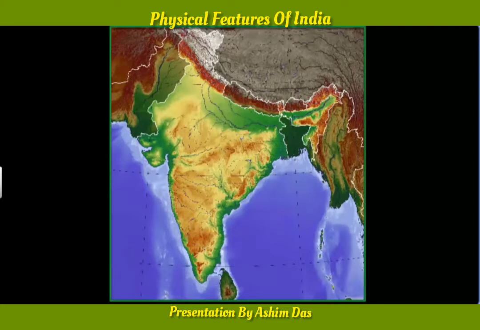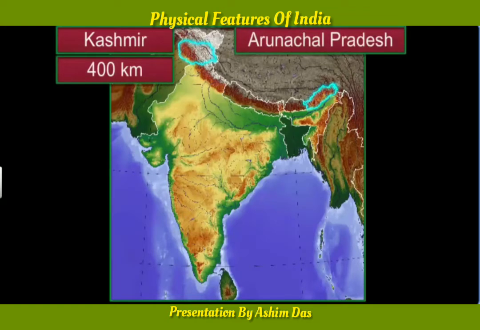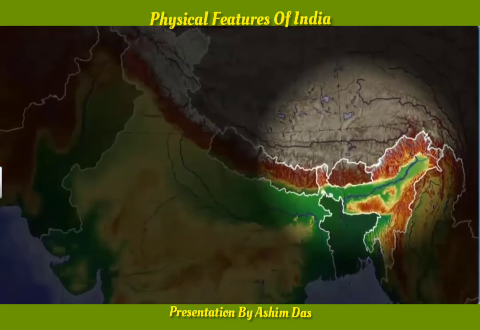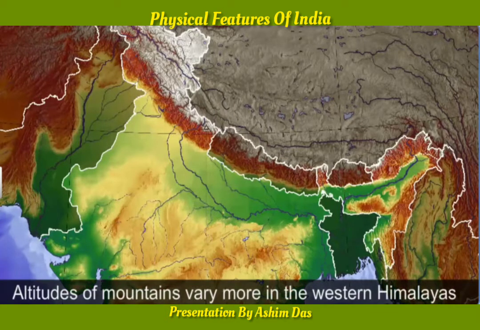For instance, in Kashmir, the range is 400 kilometers wide, while in Arunachal Pradesh, the width decreases to 150 kilometers. If you compare the eastern and the western halves of the range, then you will find considerably more difference in the altitudes of various mountains in the western half.